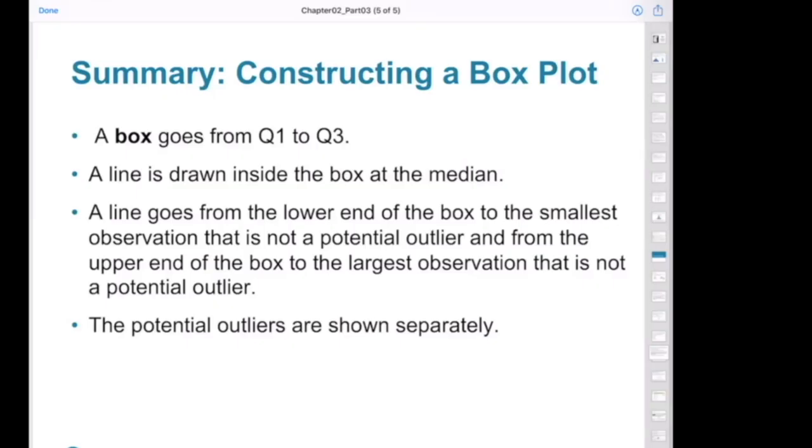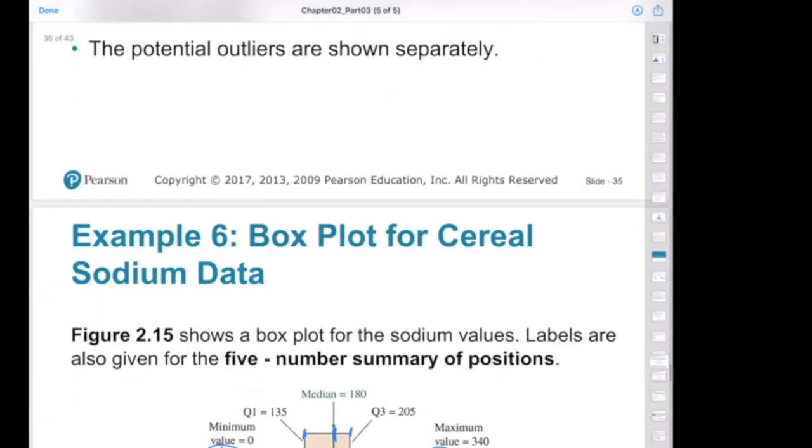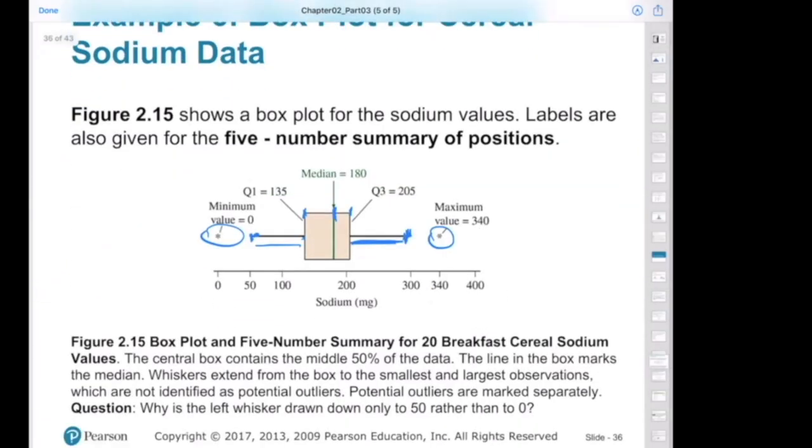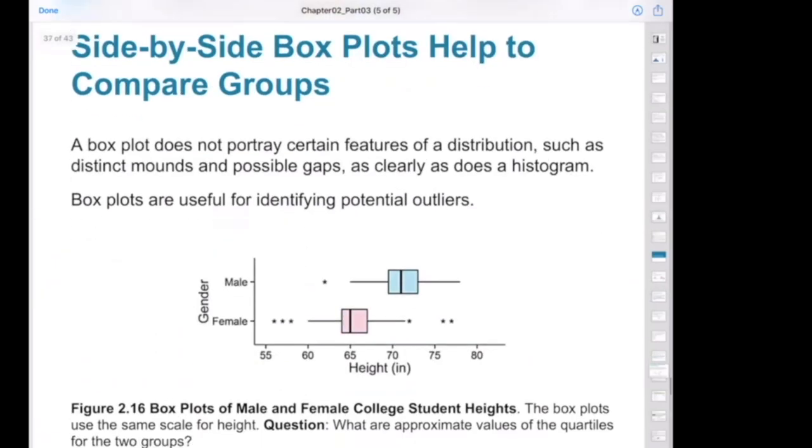Any value outside the distance of 1.5 interquartile range, we consider it an outlier, and we put a star on the graph to determine it, like this.